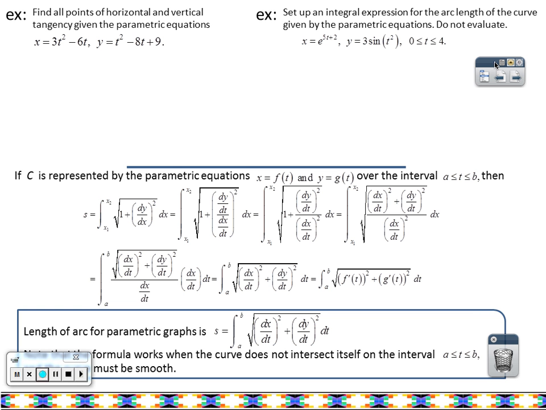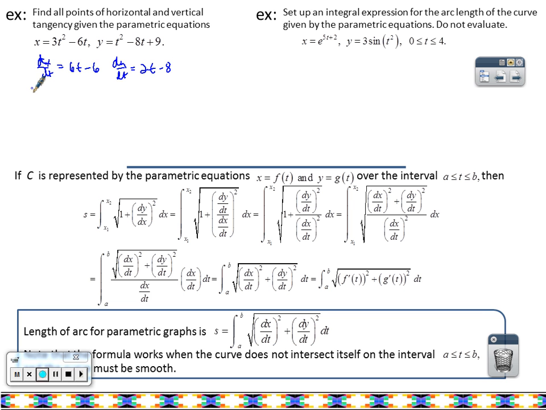So let's find our first derivative. You can do it in pieces, or you can jump straight to the first derivative, whatever you want to do. Okay, so let's just do it in pieces. dx dt is going to be 6t minus 6, and dy dt is going to be 2t minus 8.